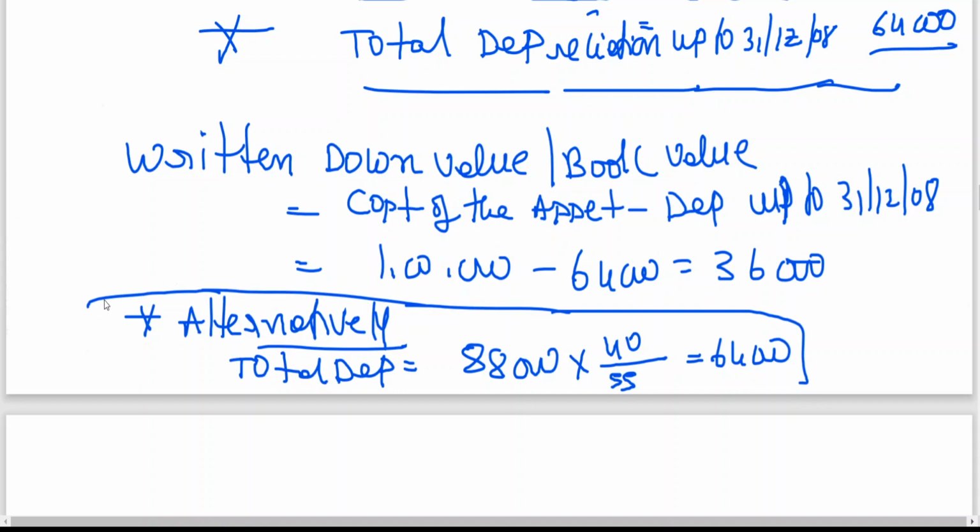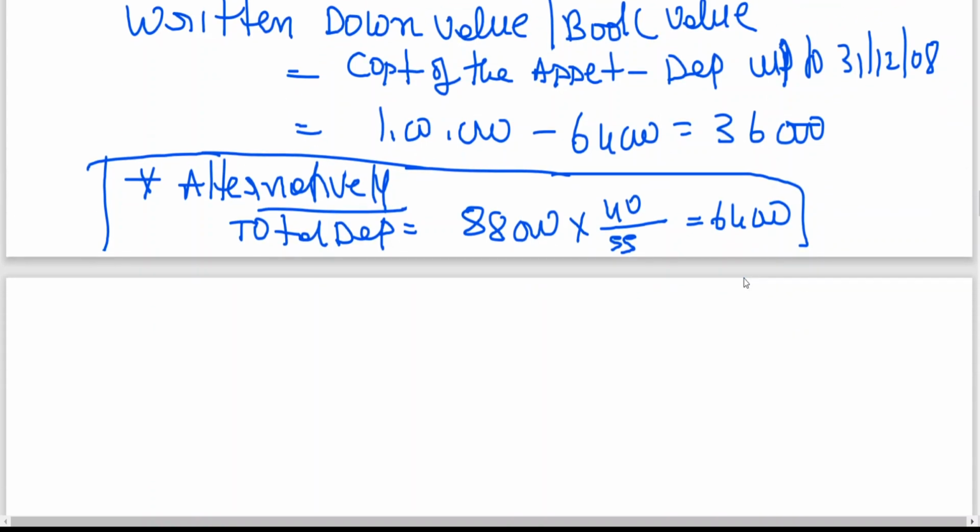Now for doing the problem, what information do I need? The book value on 31st December 2008. It will become the opening balance. Now I can open which account, my dear friends? I can open now the machinery account.